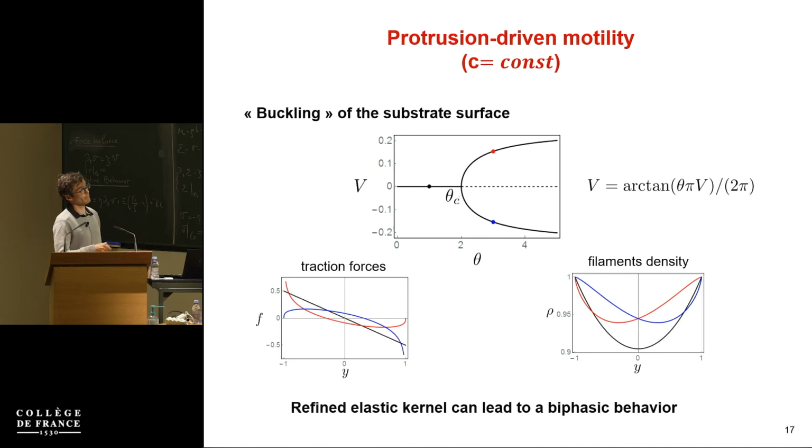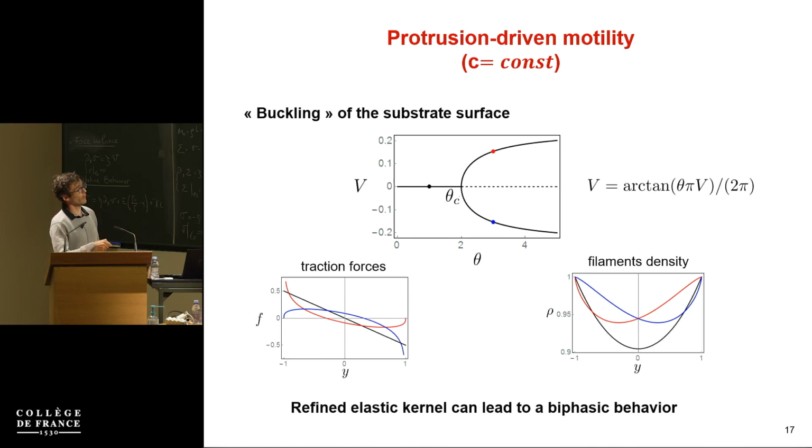So this is the explicit expression of this instability, and it means that above a certain threshold of traction forces that are applied on the substrate, the cell will spontaneously polarize, which means that the traction forces will become asymmetric. The density, of course, of filaments will also become asymmetric.